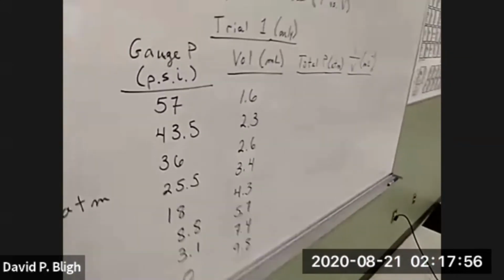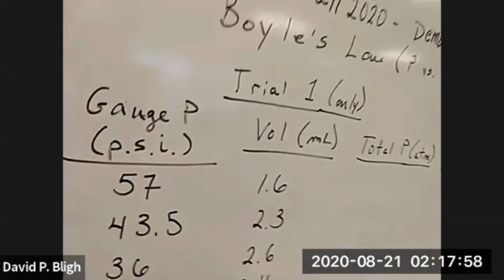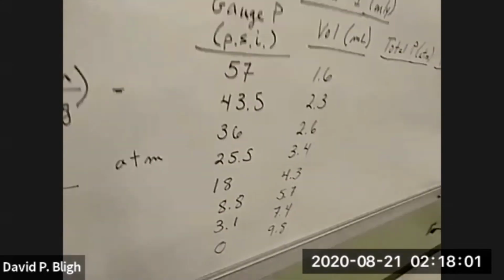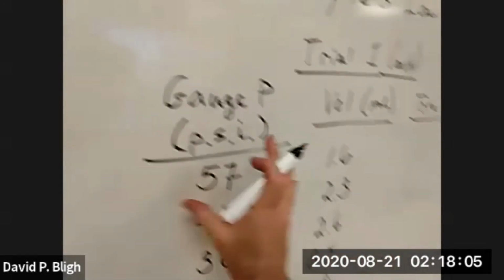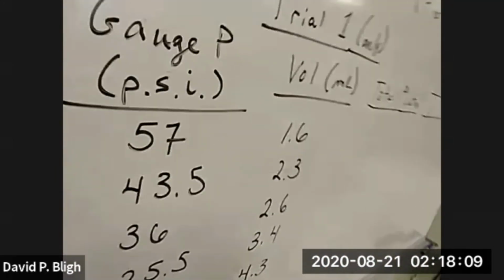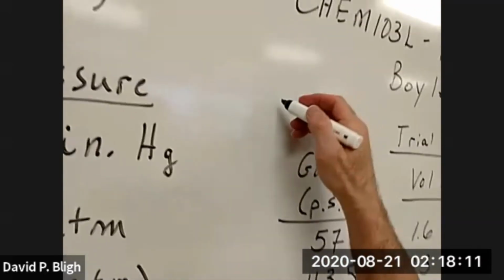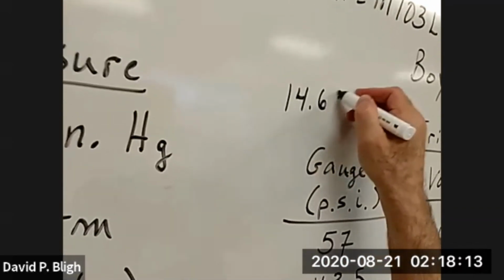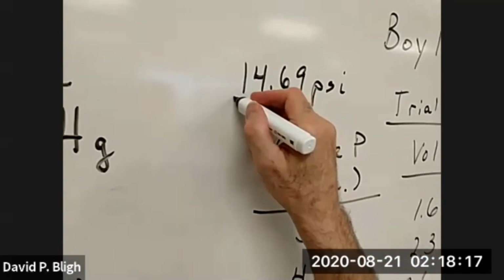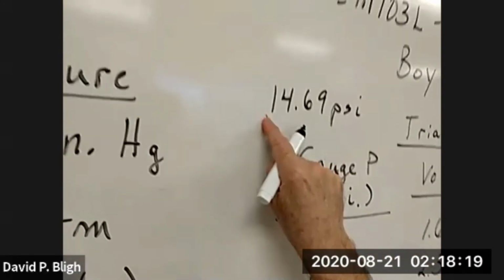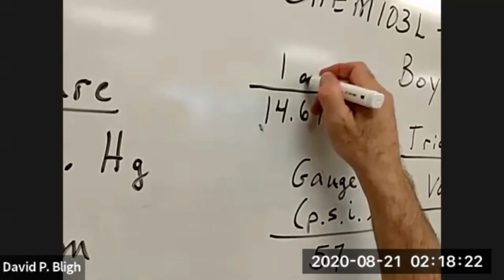So how do you convert this one? What's the equivalence for PSI? Well, the procedure has it for you, but I'll tell you right now. To convert PSI to atmospheres, and then add this atmospheres for your total, you need 14.69 PSI per 1 atmosphere.